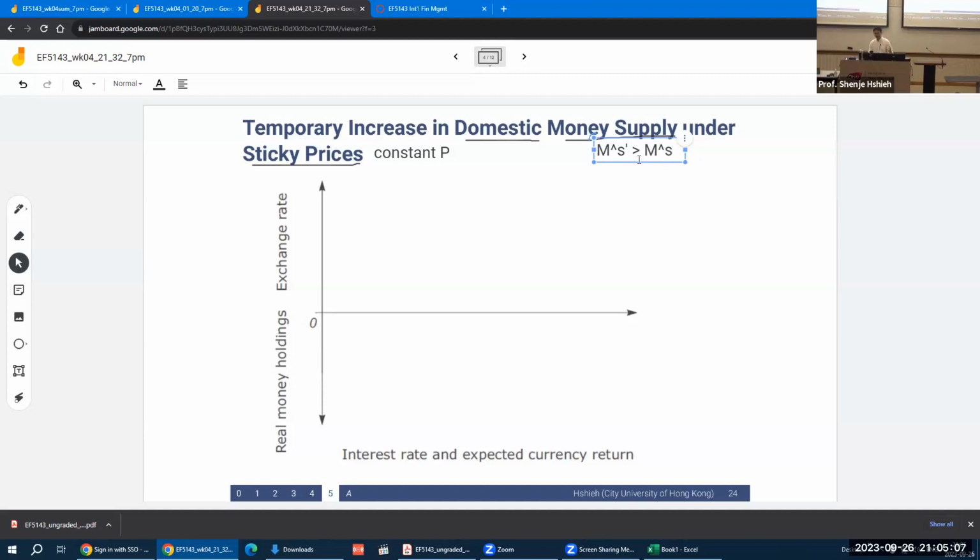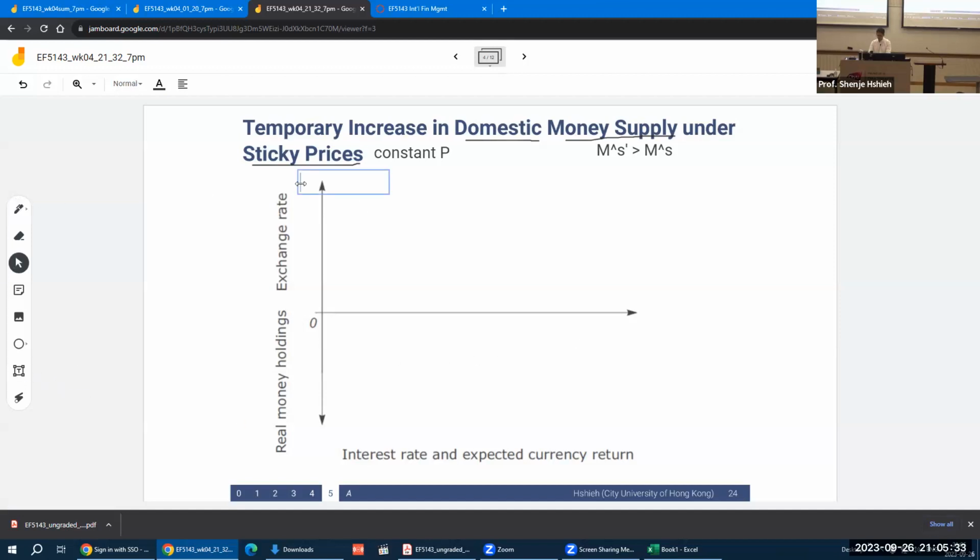We started out with MS, but now we've increased it to a higher level and we have sticky prices. So there's going to be a real impact in the real money supply curve. Let's analyze this first graphically, because that's the easy way. And then we'll analyze it mathematically, and then we'll talk about it economically.